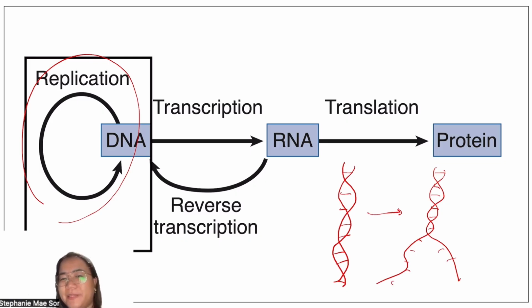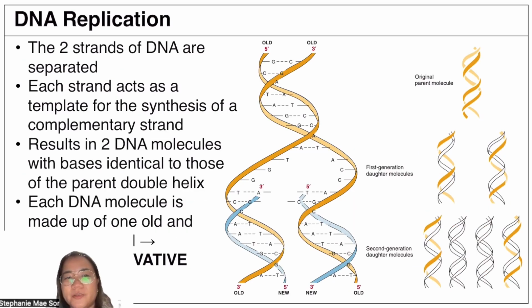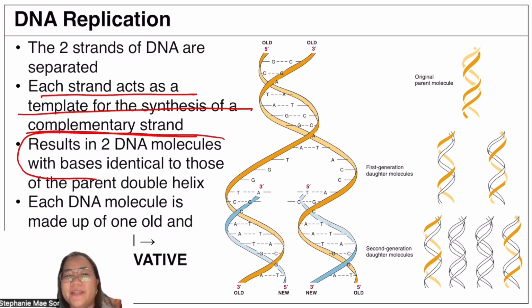So, dahil may template ka, by virtue of complementary base pairing, pwede mong gawin yung separate strand. You can use this strand as a basis in order to make the other strand. Okay? So each strand acts as a template for the synthesis of a complementary strand, and it results in two DNA molecules with bases identical to those of the parent.